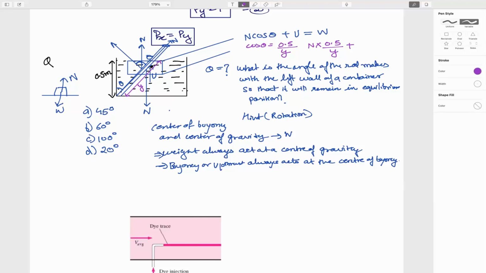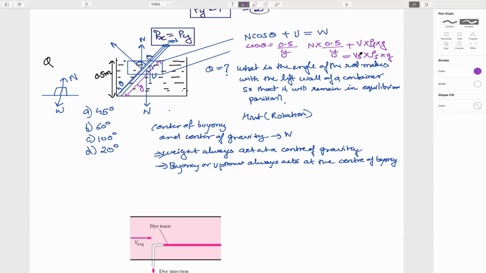So let's say the volume of the rod inside the fluid is V, into rho f into g, equals the complete V of this solid rod, that is rho s into g.